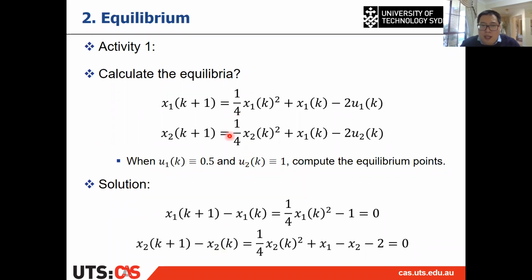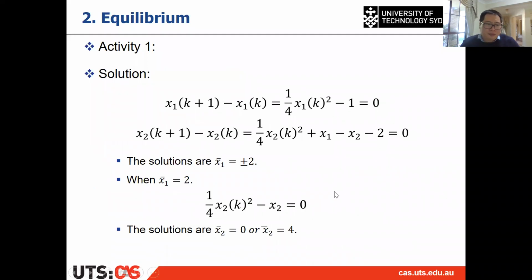And we know what x2_{k+1} is. It is this equation, minus x2 is equal to 0. Then we have the second equation here.